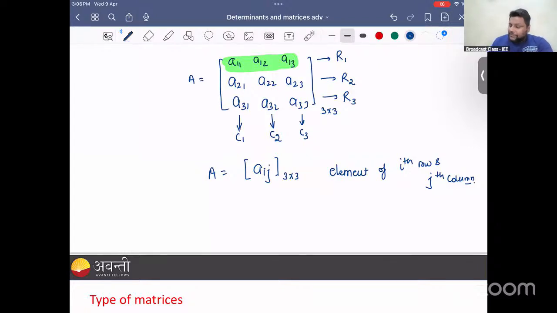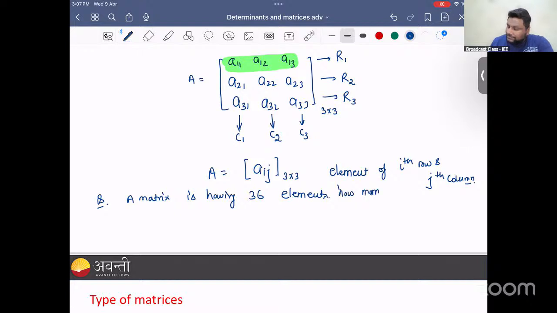Understood? Like if I ask you a simple question: a matrix is having 36 elements.